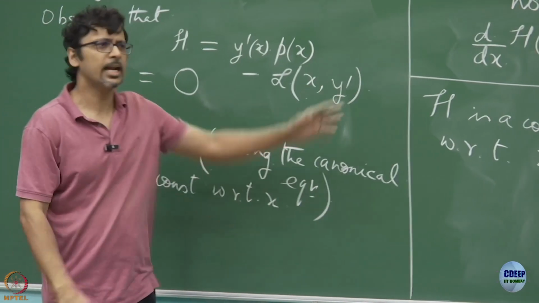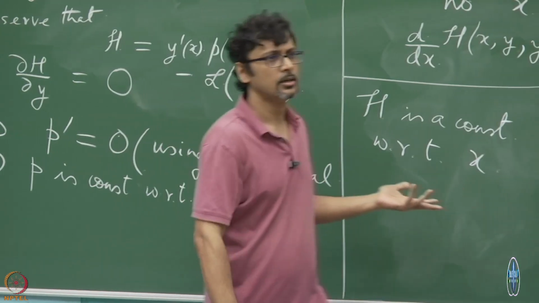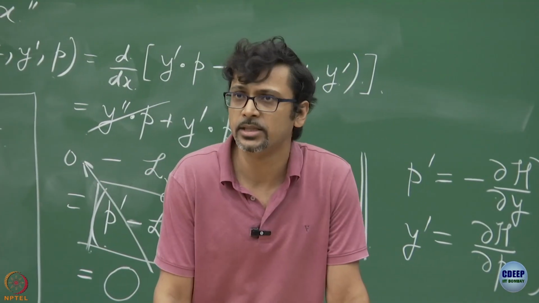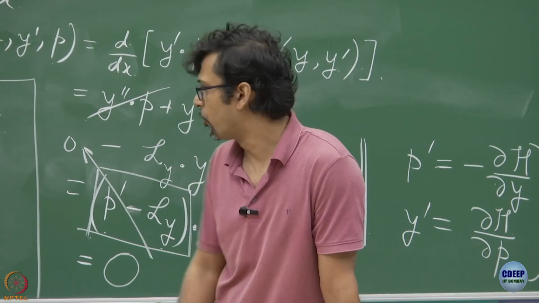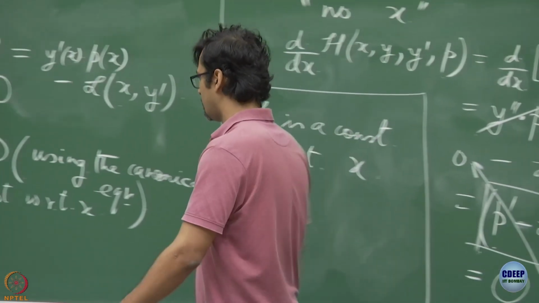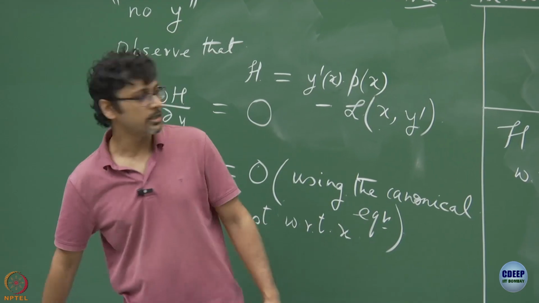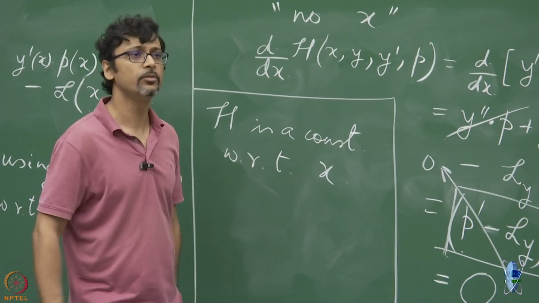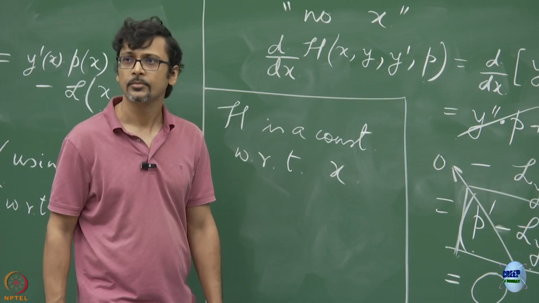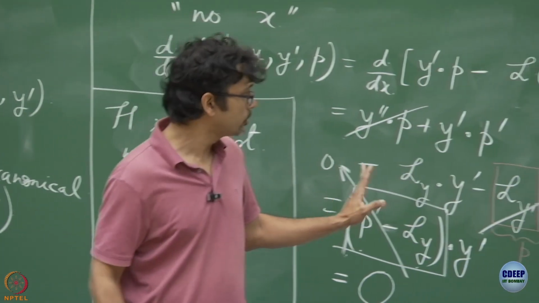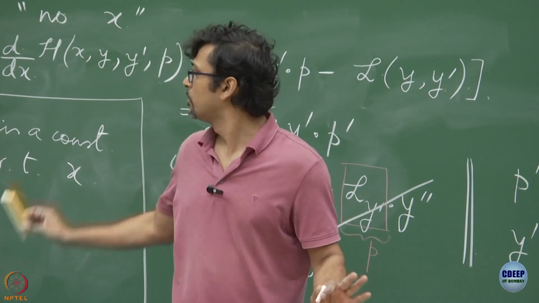Yes, which is exactly what we had inferred from the Lagrangian expressions the other day with the no x and the no y situations being invoked on them. So in one case when you have the no y situation you have the momentum being constant, in the other case when you have the no x situation you have the Hamiltonian which is conserved. Can we proceed to the next part? You're clear on this?